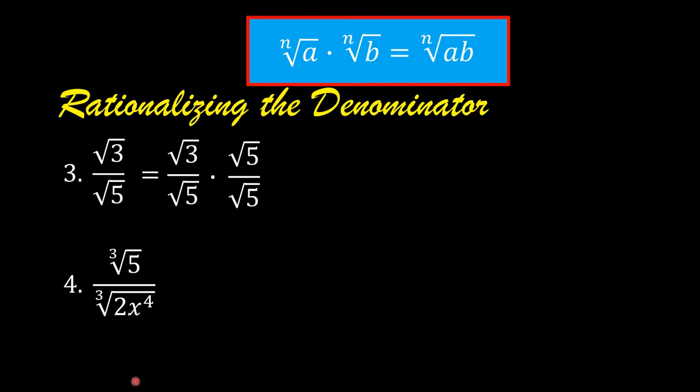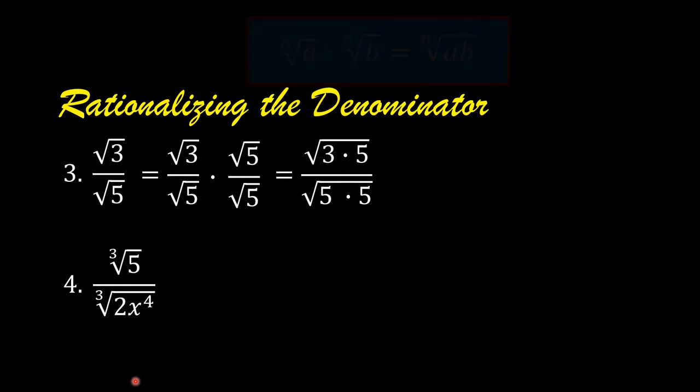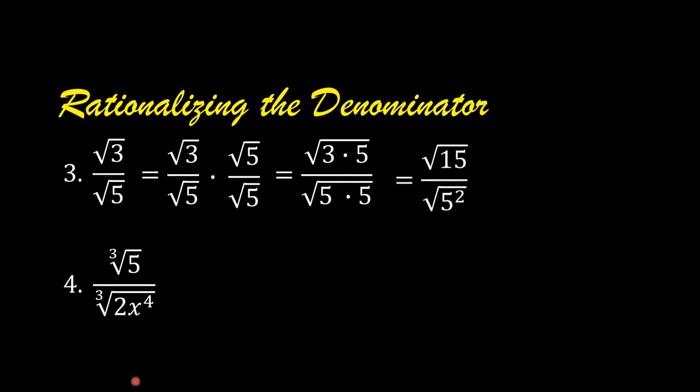So this is now equal to the square root of 3 times 5 over the square root of 5 times 5. This is now equal to the square root of 15, because 3 times 5 is equal to 15, over the square root of 5 squared. Or if you want, 5 times 5, 25, square root of 25.